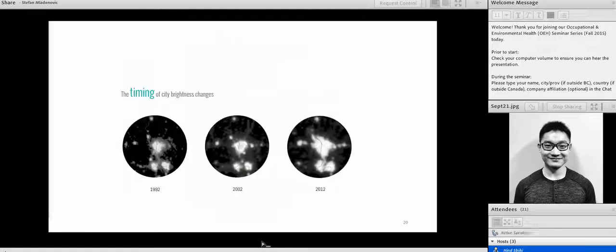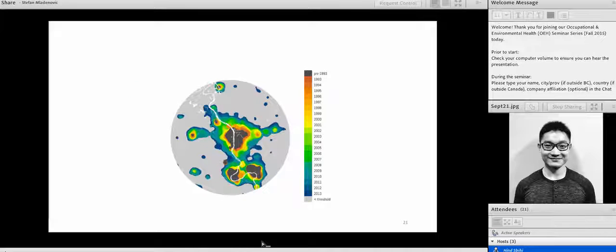The same for the nighttime lights: I have the time series and can do change detection. I can know in which year which pixel got lit up. That's a good representation of urban sprawl, so we can know exactly how and where the city is expanding.